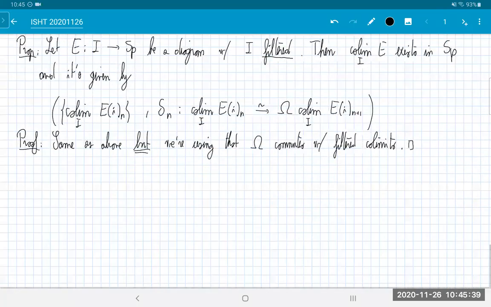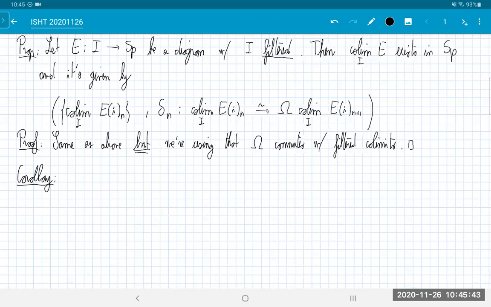Okay, so let me give a corollary. Loops of E is given by the spectrum E_n minus 1 with the maps delta n minus 1.